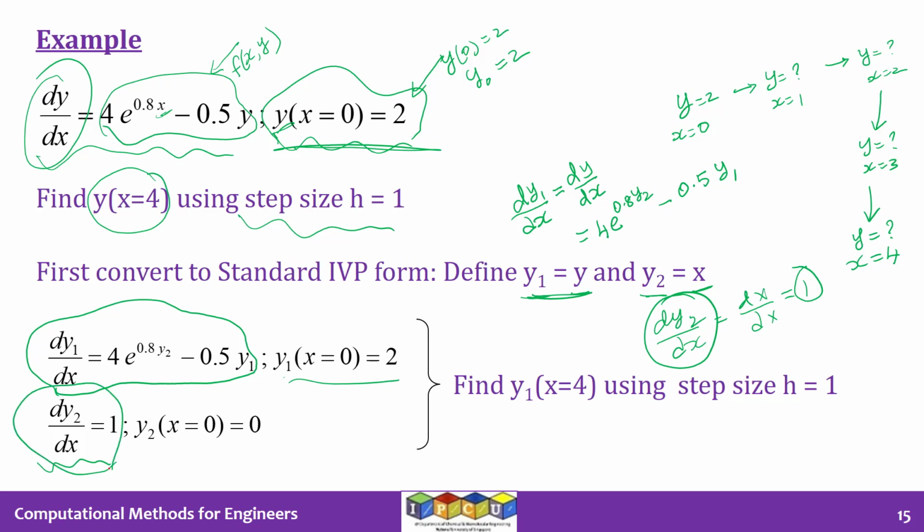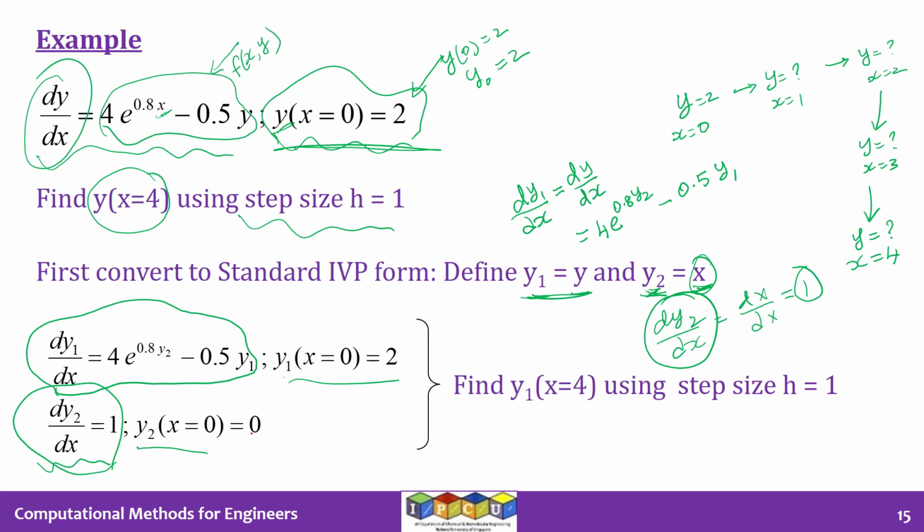So this is okay. And what is the value of y2 at x is equal to 0? y2 is x, so y2 will have to be 0, because at x is equal to 0, y2 which is equal to x should be 0. Therefore, the initial condition for the second state y2 is 0.